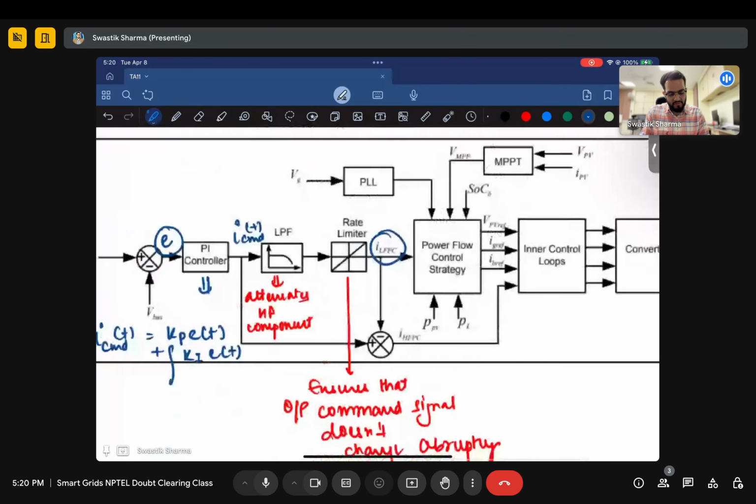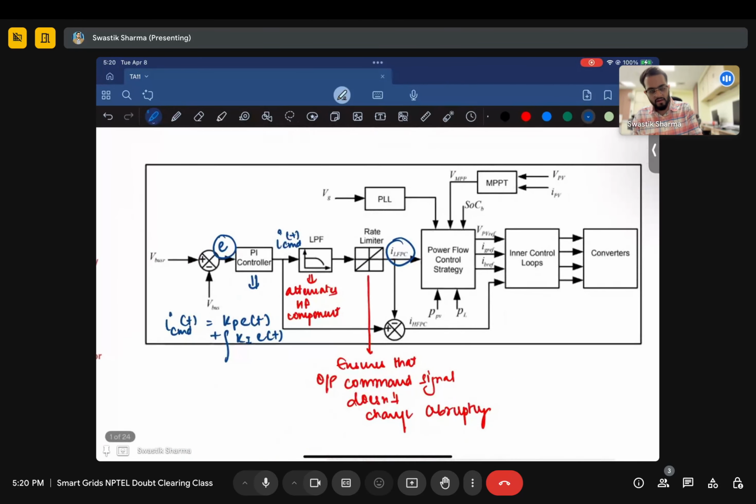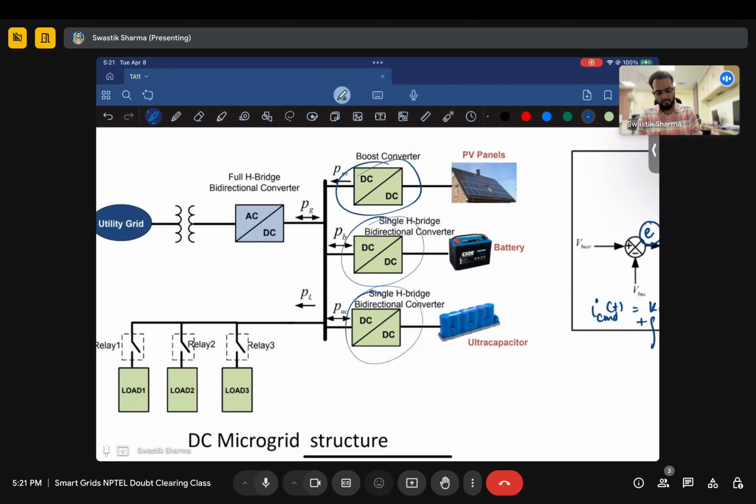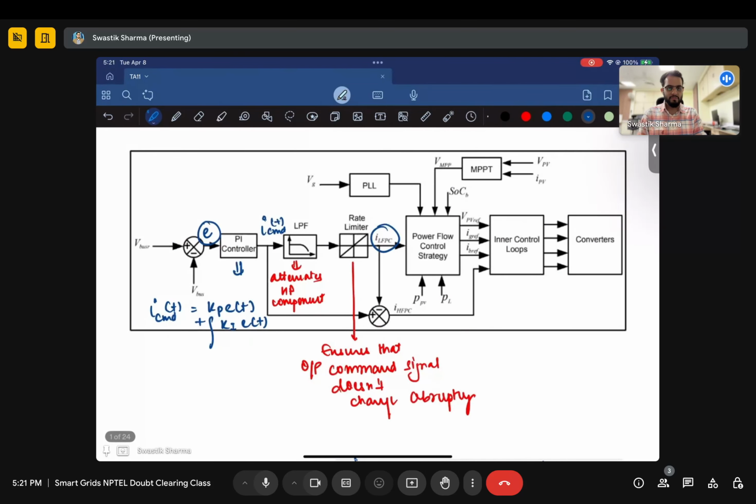What this black box does is it takes into account how your batteries, your PVs, your SOC of the battery, and your grid are behaving at this point in time when you receive this command signal. Using them, it generates a reference voltage or reference command signal for each of these individual converters.